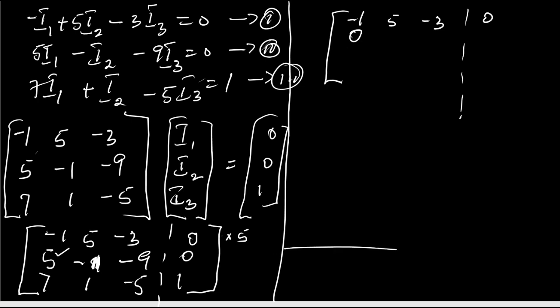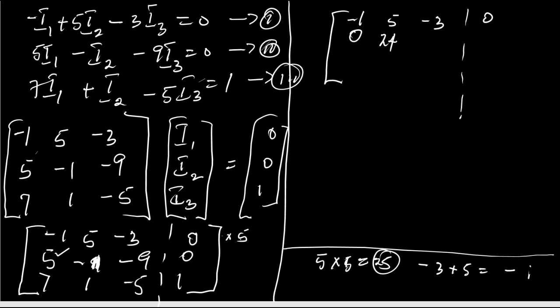Then on the next item, 5 times 5 is equal to 25. Now we'll add this 25 to minus 1 to become 24. The next item is minus 3 times 5, which is equal to minus 15. Minus 15 plus minus 9 becomes minus 24.